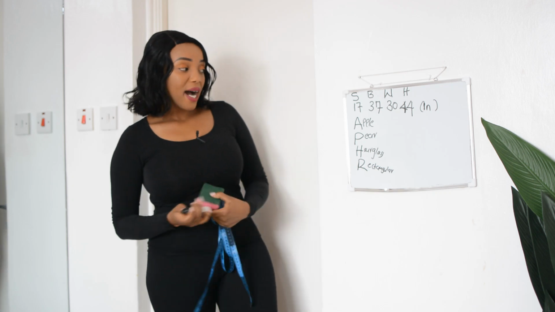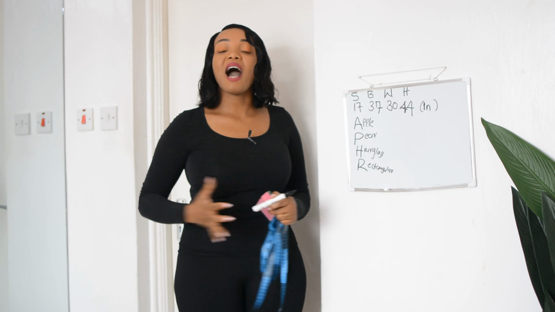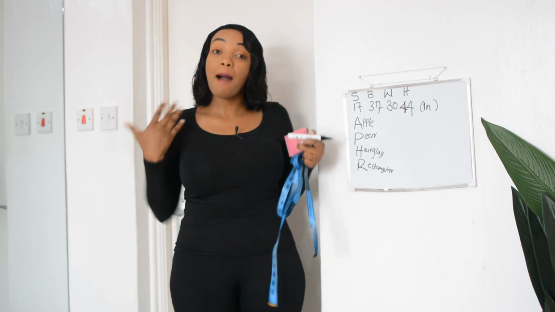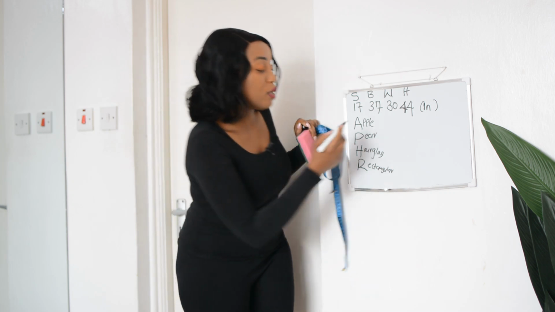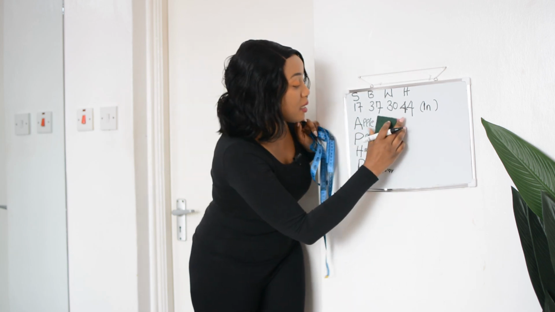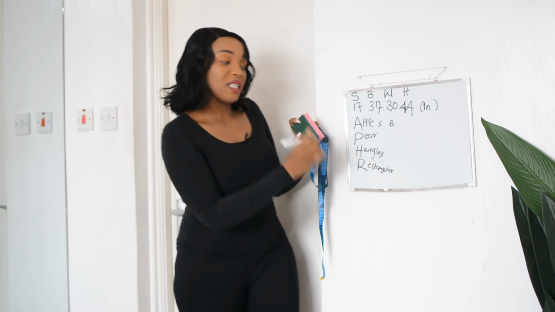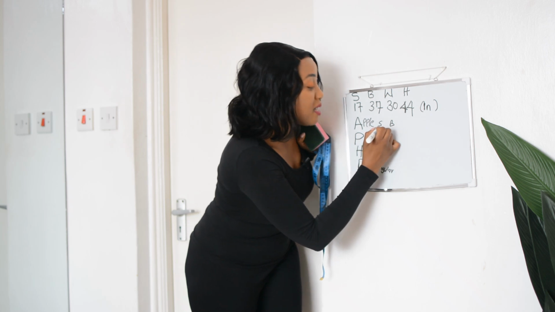So now, we said that an apple body type is determined by having a heavier or a bigger upper body. And this is shoulders and your bust. So our shoulders and bust area, when it comes to an apple, they are the biggest.